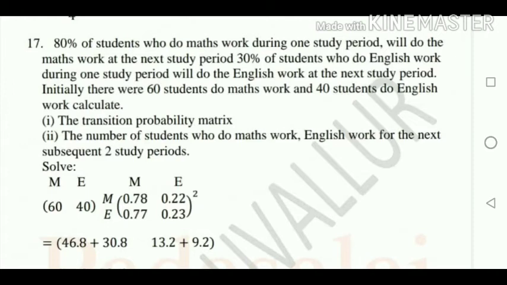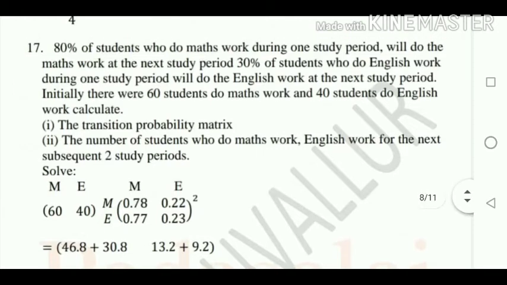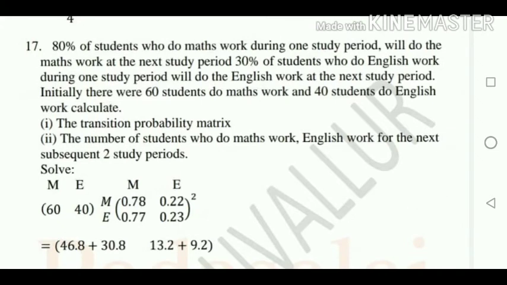So here 80% of the students who do maths work during one study period will do maths work in the next study period. 30% of the students who do English work during one study period will do English work in the next study period. That is, here they said that some students are doing maths work and some are doing English work.